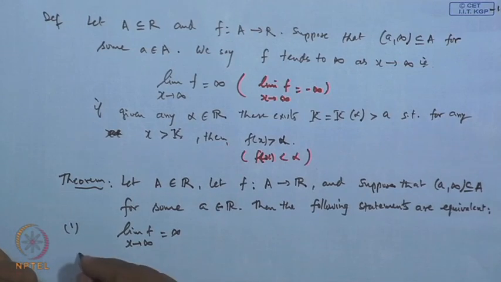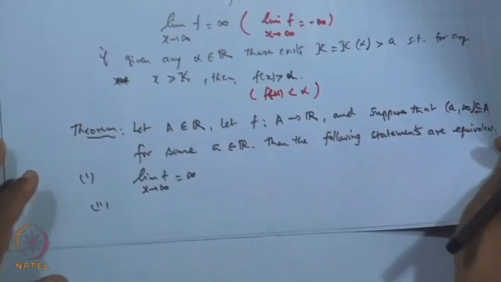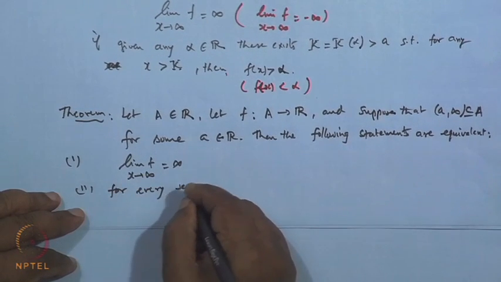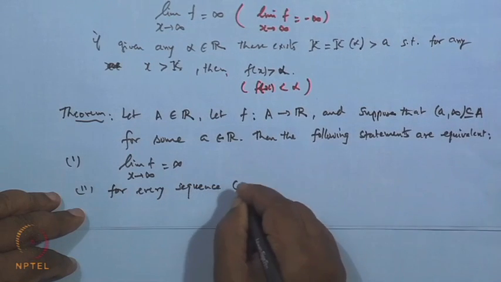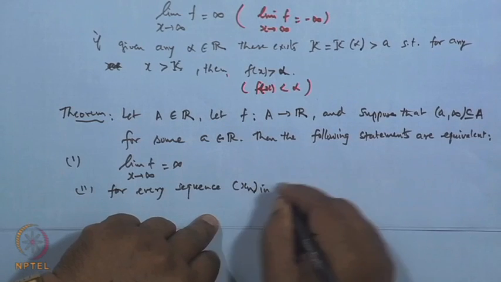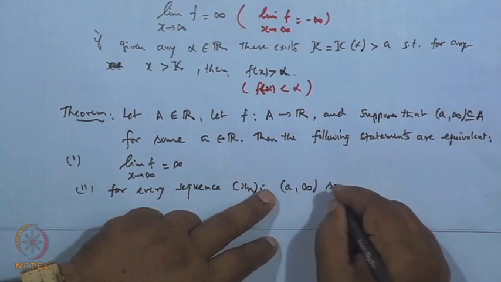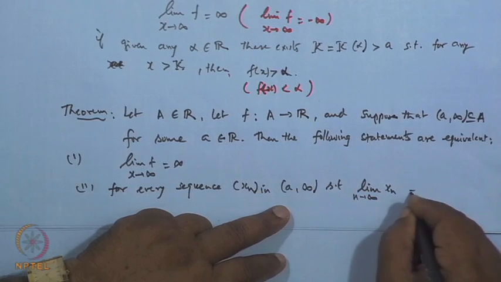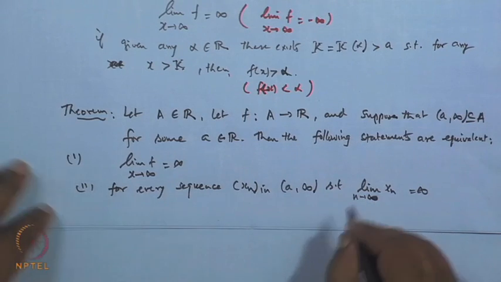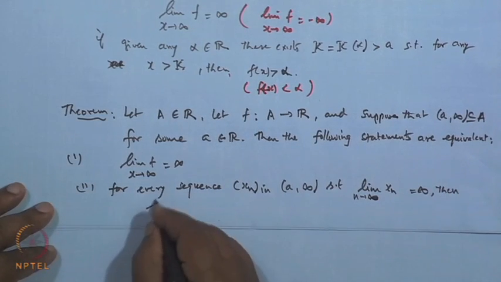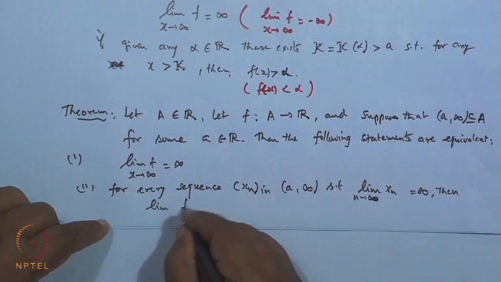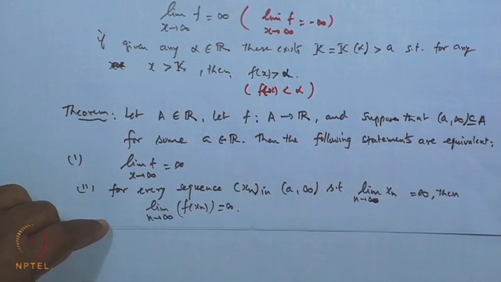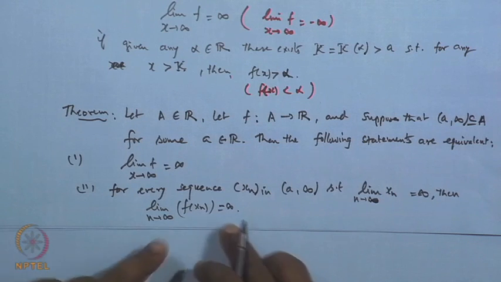And the second statement says for every sequence x n in (a, infinity) such that the limit of x n as n tends to infinity is infinity, then the limit of f of x n as n tends to infinity will be infinity. So, this is the equivalent concept.